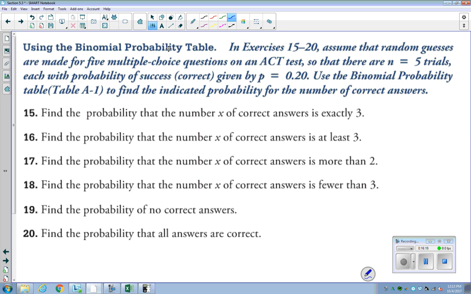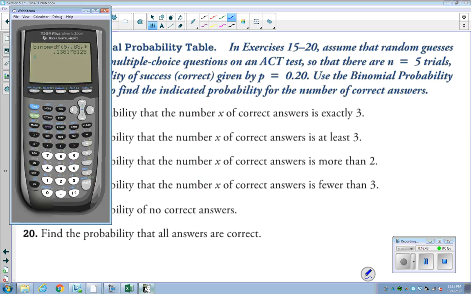Well, if I got 1 in 5, the probability would be 20% or 0.2, so that's my probability of success. We're going to do the calculation on our calculator. And number 15 says find the probability that the number X of correct answers is exactly 3.